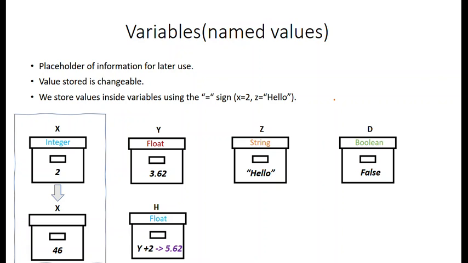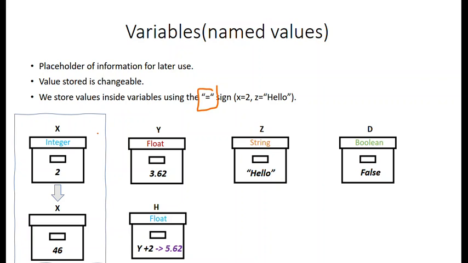Why do we call them variable? That's because they can vary or change in value at different points in our program. How do we assign values to these variables? By simply using the equal sign or the assignment operator right here.